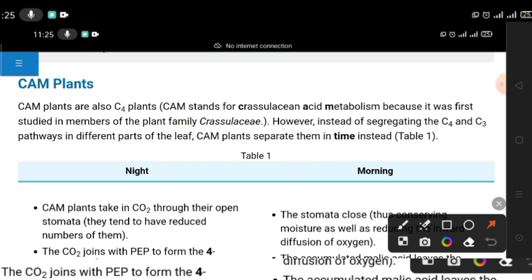That's why the name of these plants is CAM plants. However, instead of segregating the C4 and C3 pathways in different parts of the leaf, CAM plants separate them on the basis of time, day and night.